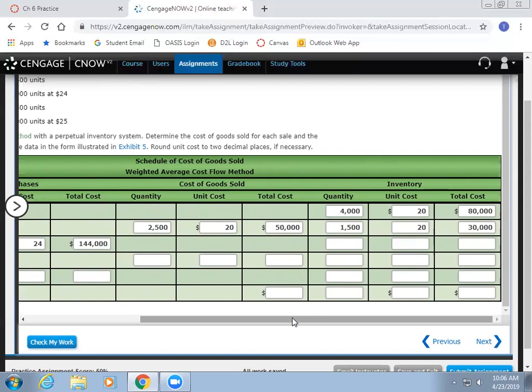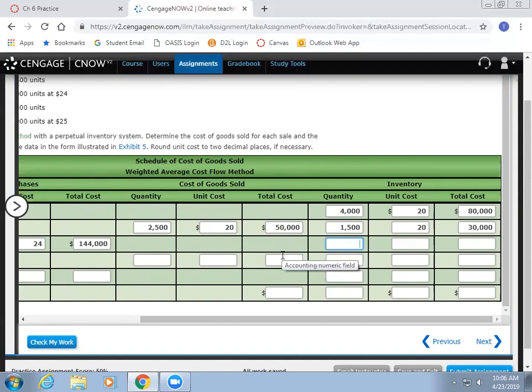And then they tell us, if necessary, round to decimal places. So what is my average price per unit, my average cost? Very good, $23.20. So over here, I am going to put in my total.